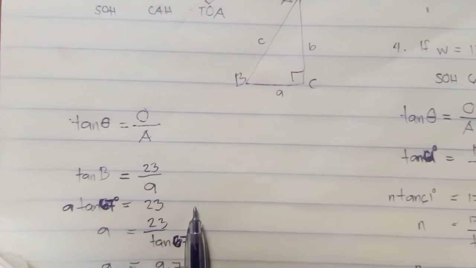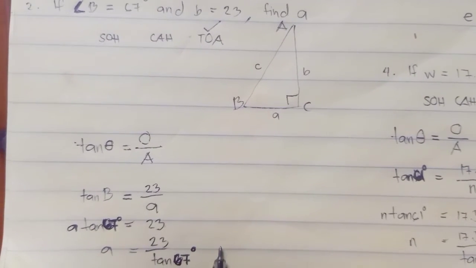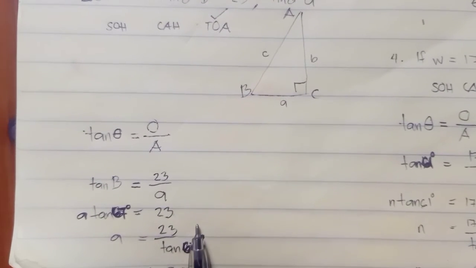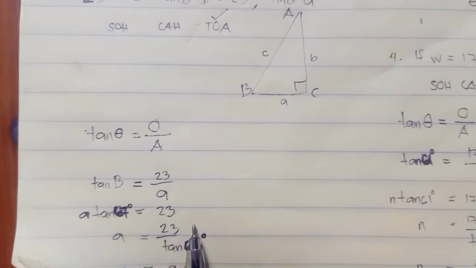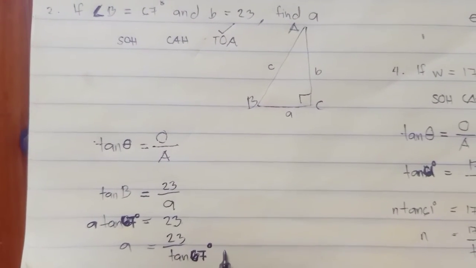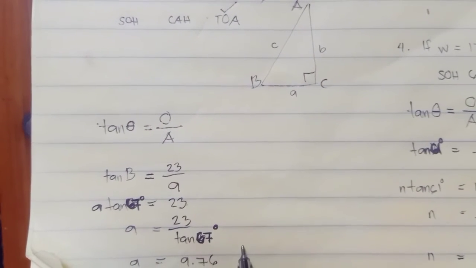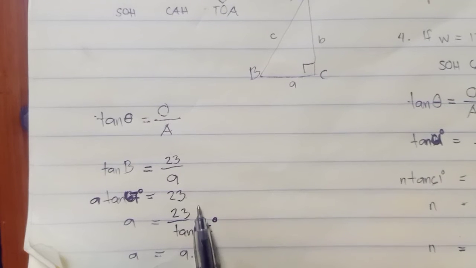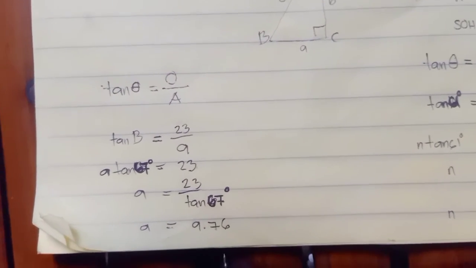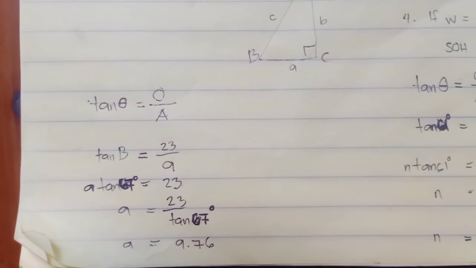So tan of the reference angle B is equal to 23 over a. Cross multiply: a tan 67 degrees is equal to 23, and then a is equal to 23 over tan 67 degrees. You just bring down the tan 67 degrees, and by using your calculator, a is equal to 9.76.